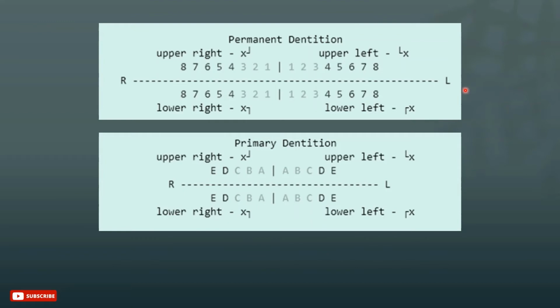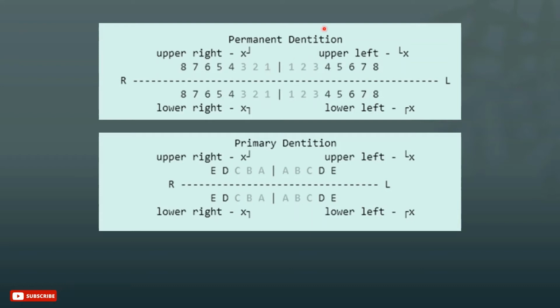Here it is. The permanent dentition designation gives the same number for the teeth in each quadrant, starting by 1 for the central incisor and reaching 8 for the third molar.